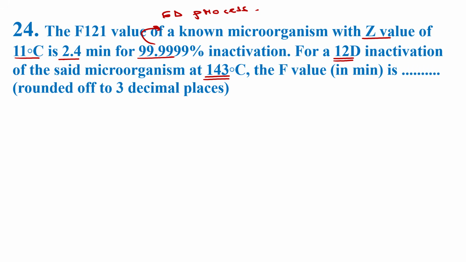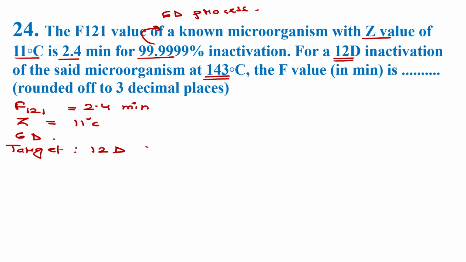First, F121 is 2.4 minute. Next, Z is 11 degrees Celsius. It's a 6D process and the target is 12D at 143 degrees Celsius.